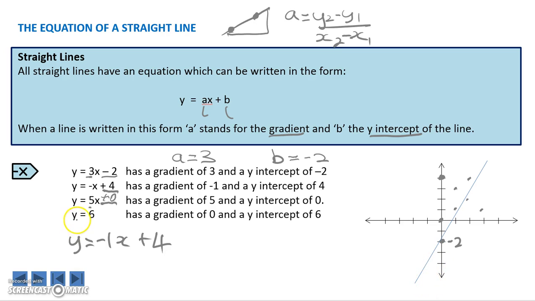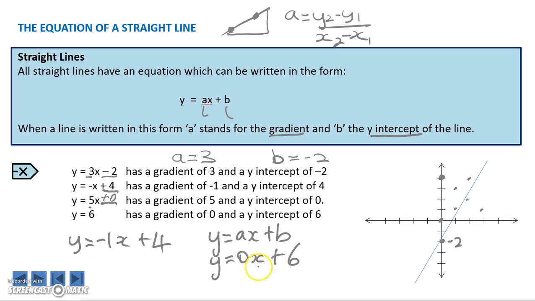Let's have a look at this one. y equals 6. There's no x term. Okay, so that must mean that our gradient up here is equal to 0, because if we rewrote that, y equals ax plus b, our general equation, if a was equal to 0, it'd be 0 times x, and our 6 there for our y-intercept.